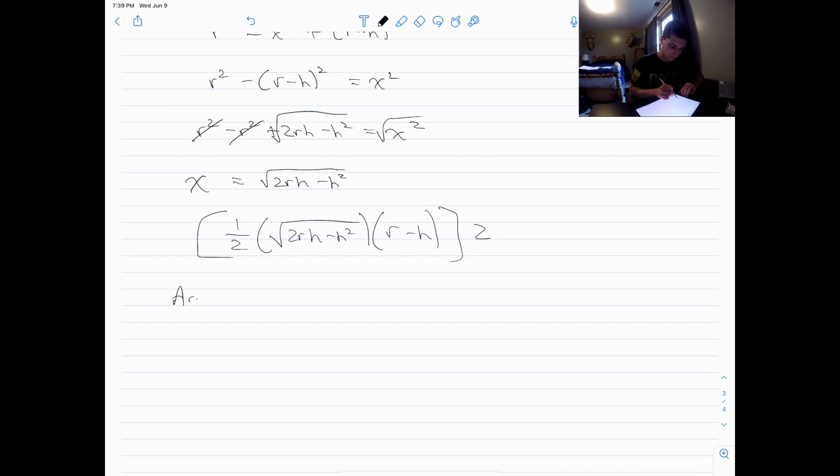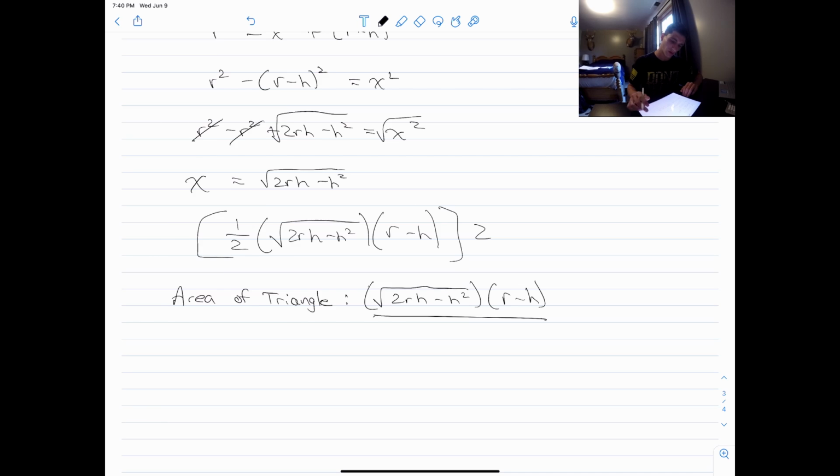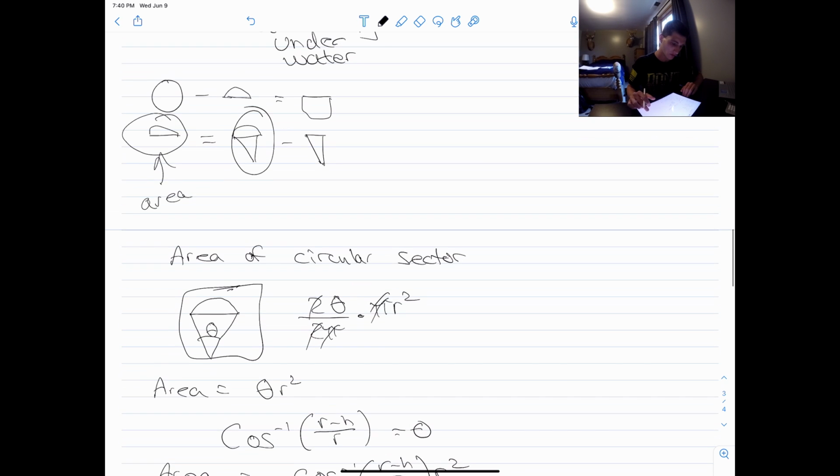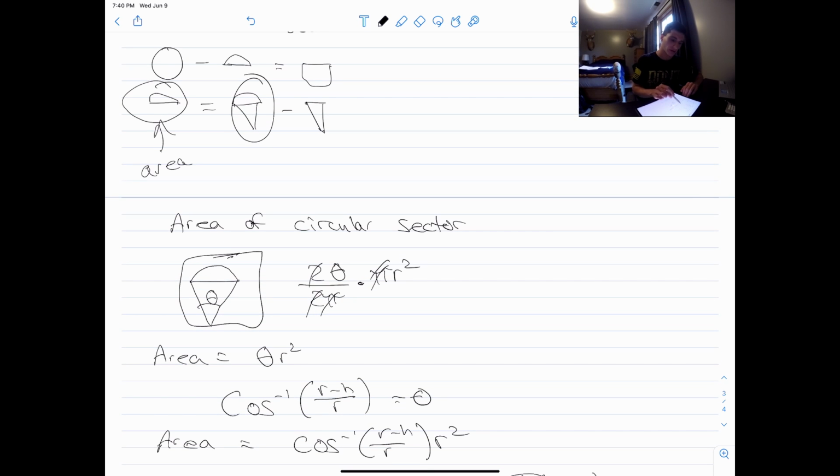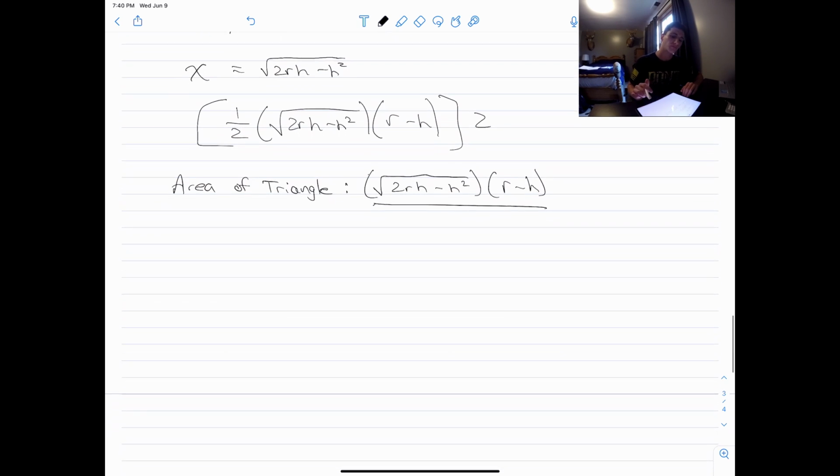So now our area of the triangle is right here. And what we said before is that the area of the circular sector minus the area of the triangle is the area of this little top piece, which is what we were looking for.